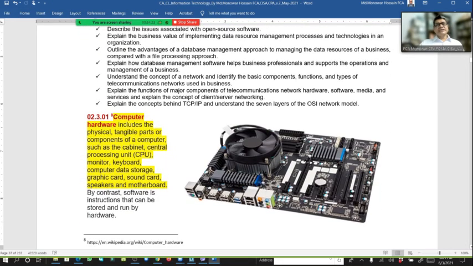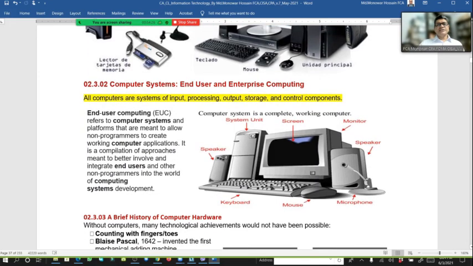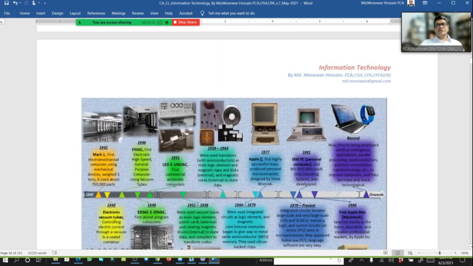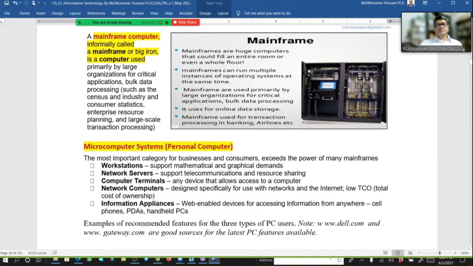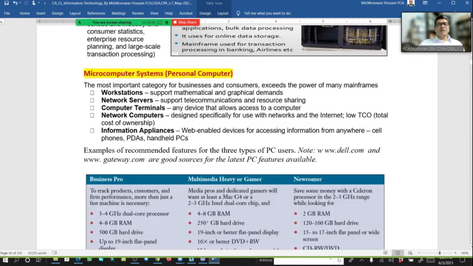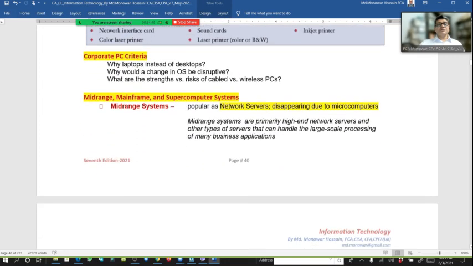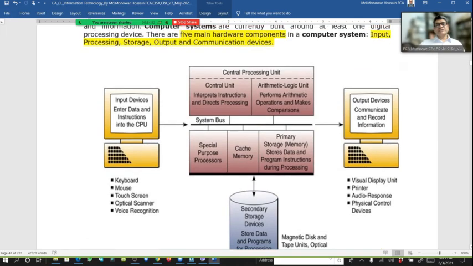And we have seen computer hardware. We have seen a brief history of computer hardware. We have seen the types of computers: mainframe, midframe, and microcomputer, that means mainframe computer, microcomputer, personal computer, etc. And we have seen the computer system concept here.